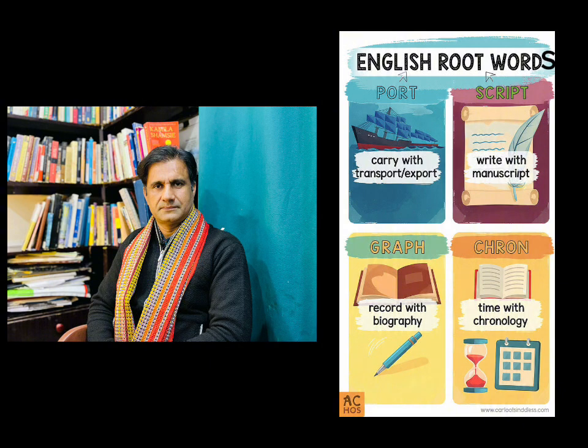Many English words are built from root words. If you add a prefix and suffix, the root word takes on different meanings with this addition. Suppose we take the root word spect, S-P-E-C-T, which means to look or to see.